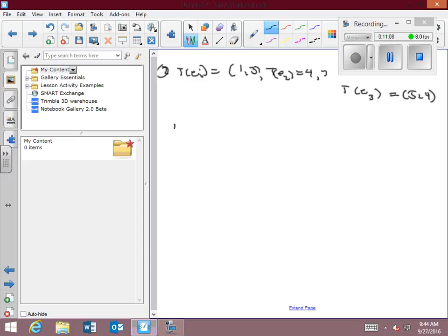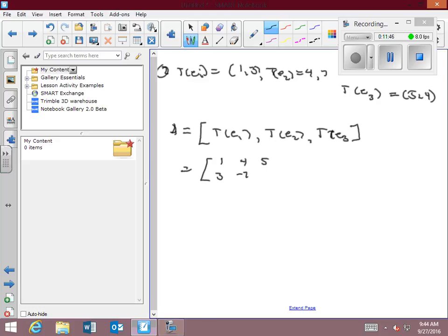So this transformation matrix is just these transformations. Each one of your columns is going to be one of those images. So you make that matrix, it's just 1, 3, and then the next one was 4, minus 7, and then 5, 4, minus 5.